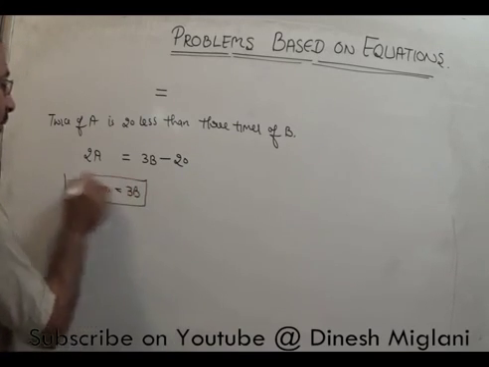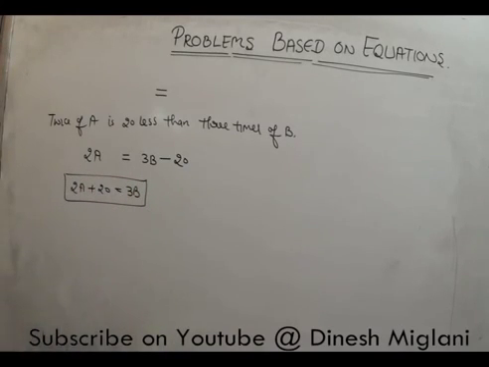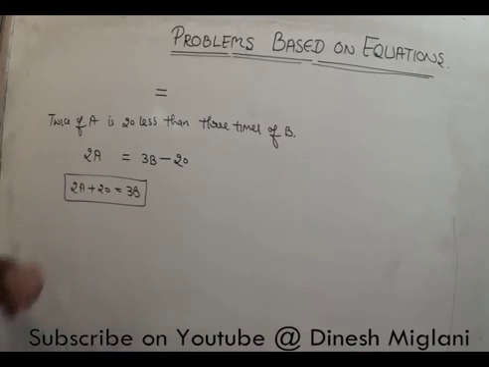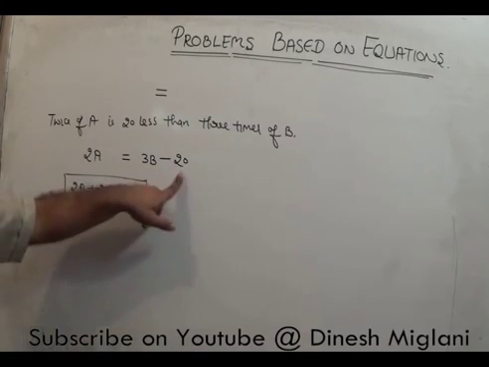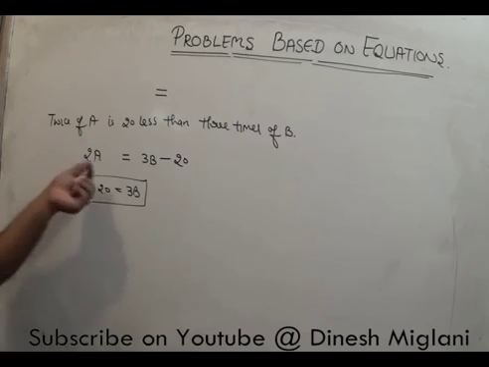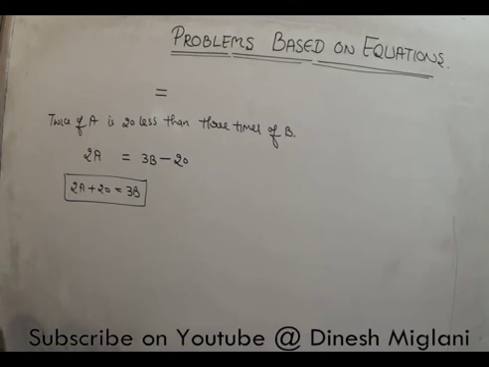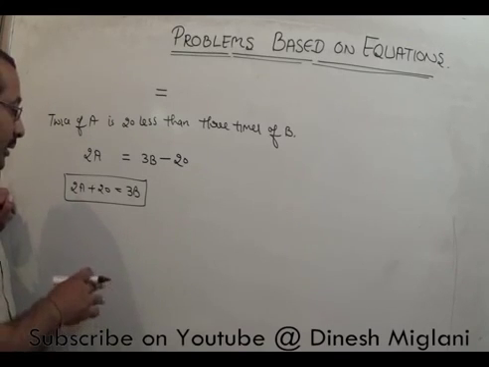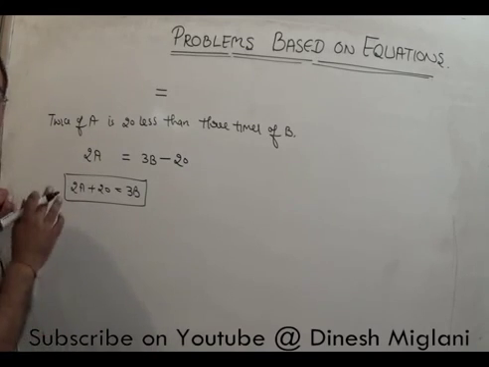Means the first thing we have to understand is that whenever we have to put an equal to sign, we have to make both sides equal. Here I can say this side is smaller than this side. If I want to make them equal, I have to subtract 20 from here, so 2A equal to 3B minus 20, or I can add 20 on the left hand side, that makes 2A plus 20 equal to 3B.